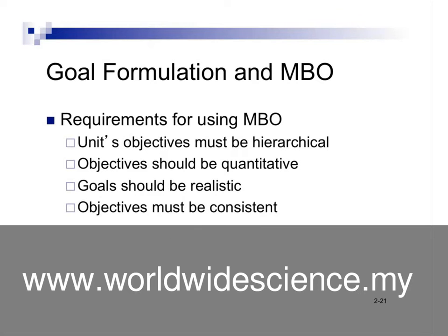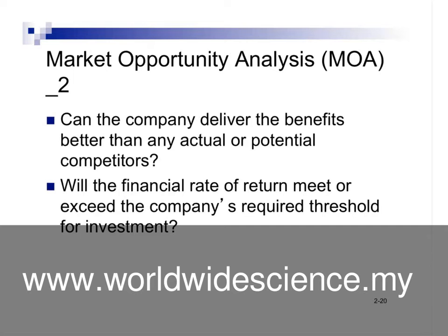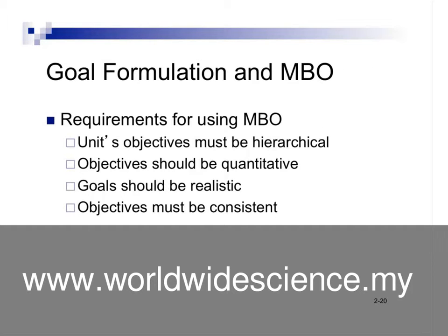So we are not talking generally about how you do your marketing management, but when you are writing your market opportunity analysis, it should be managed by objectives. It means that you need to make it into chunks of small, attainable objectives, and that's how you present your market opportunity.